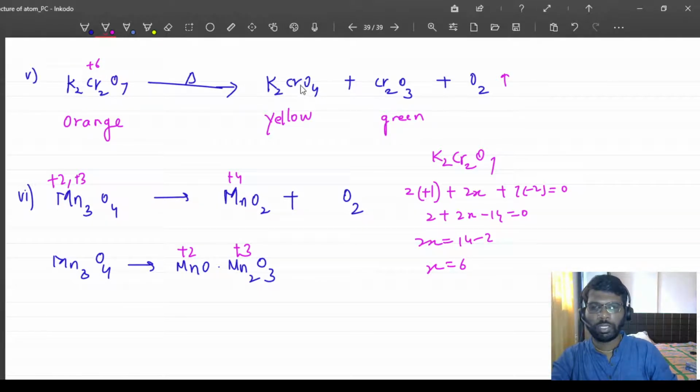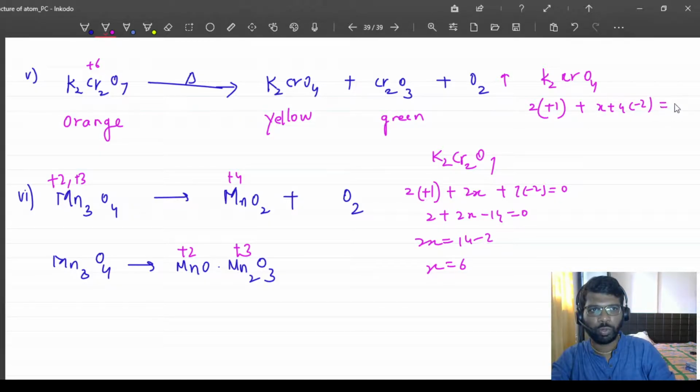In K2CrO4, 2 into plus 1 plus x plus 4 into minus 2, overall is neutral, so 2 plus x minus 8 is equal to 0, x is equal to 6. Here also the oxidation state is 6.